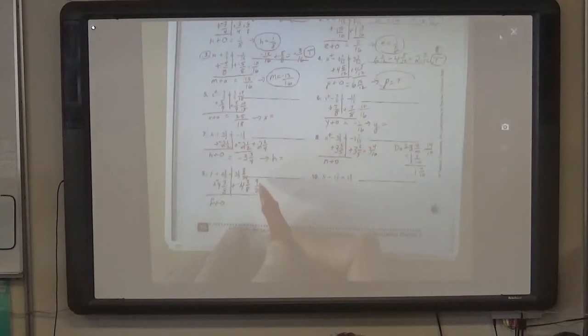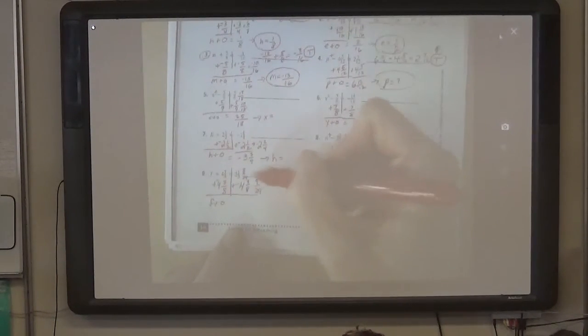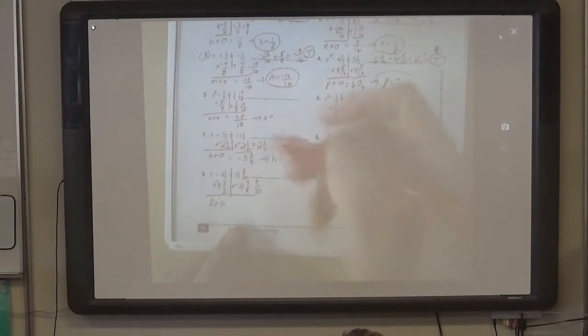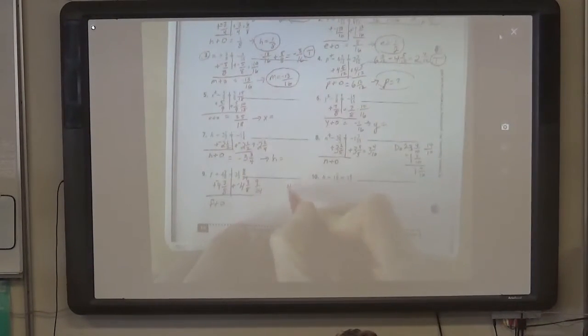And now when you look, we're going to do 4 and 9/24 minus 2 and 8/24. When you look at 9 and 8, do you have enough pieces? Yeah, because you're taking the 8 away from 4 and 9/24. That's the bigger absolute value. Minus 2 and 8/24.